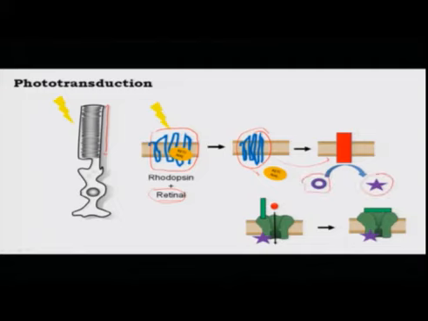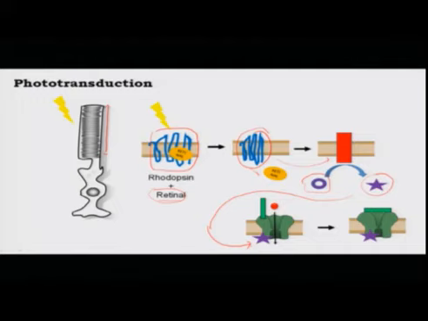So, this activated small molecule then goes and binds to an ion channel in the membrane. So, this is a sodium ion channel which was normally open. So, in the dark there are always sodium ions flowing into the cell, into the photoreceptor, hence in the dark there is a current which is called the dark current. Now, what happens when this activated small molecule binds to this ion channel?